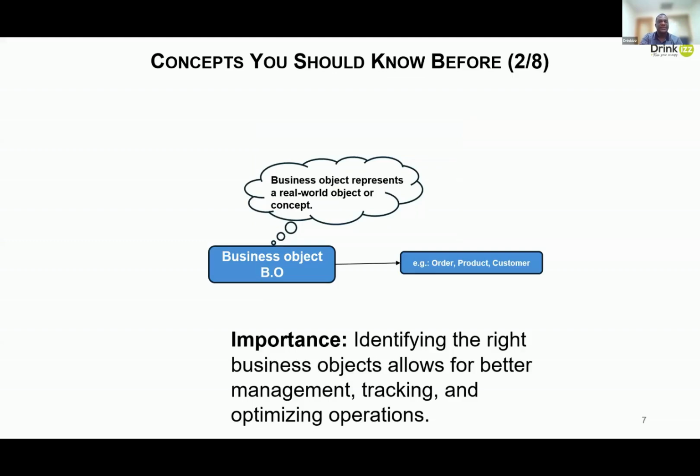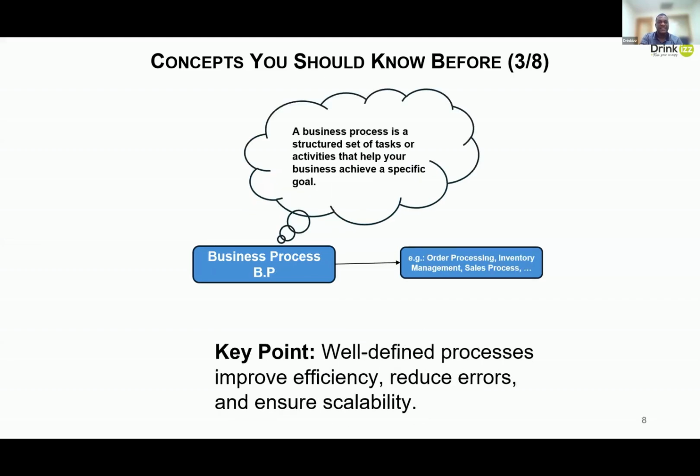The business object here represents a real-world object or concept such as order, product, customer, and so on. So you should make sure here identifying the right business object allows for better management, tracking, and optimizing operation efficiently.